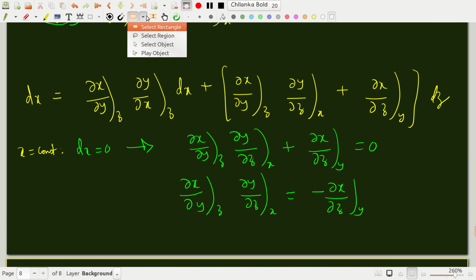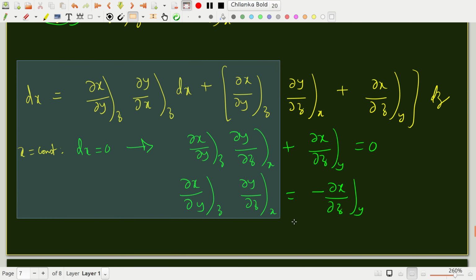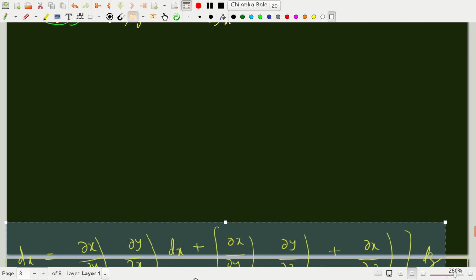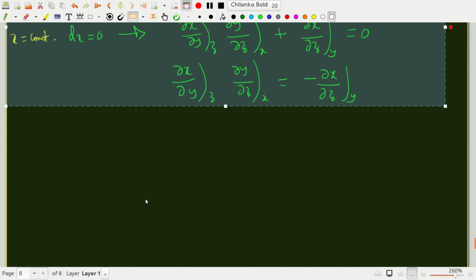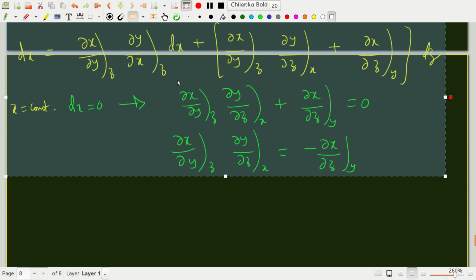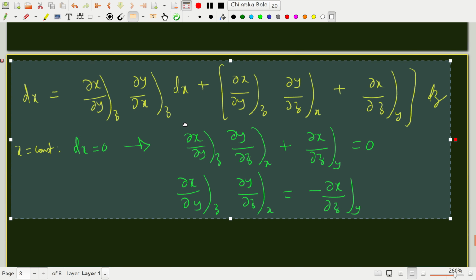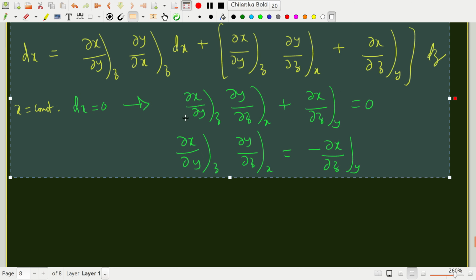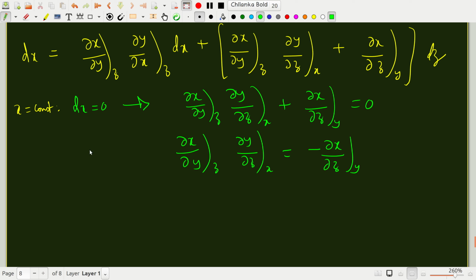Let me just select rectangle. Okay, I think I should be able to do this. Yeah, sorry about the delay. I'm just getting used to this new gadget that I have.